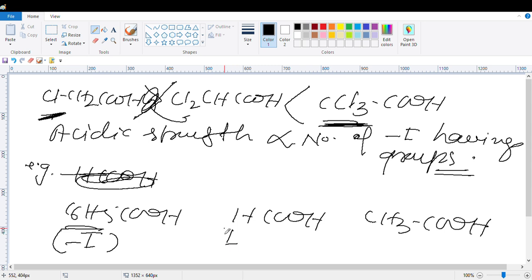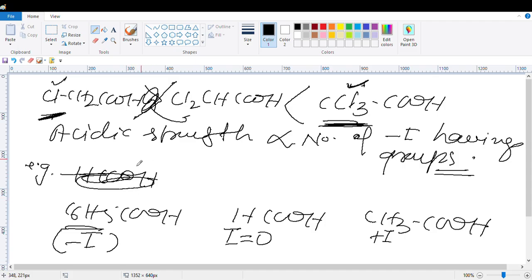Hydrogen has I effect 0 and CH3 is a plus I having group. What does it mean? You understood that chloroacetic acid is least acidic because it has one minus I having group, a chlorine atom, and trichloroacetic acid has three minus I having groups, that's why it will be the most acidic. It will have the highest Ka and the lowest pKa.